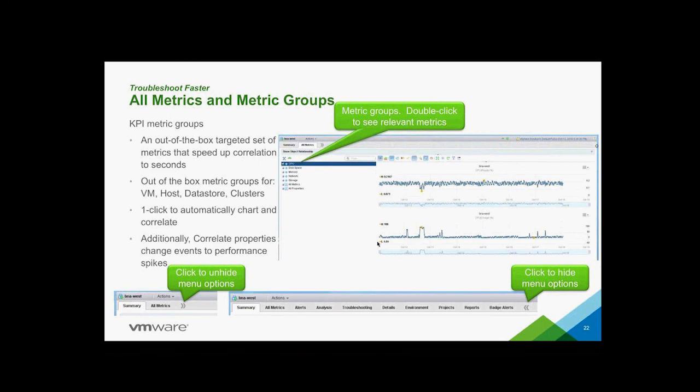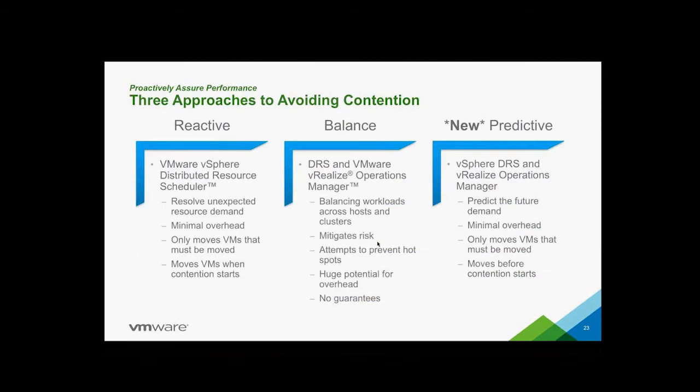There's something which has changed dramatically for DRS as well, which is called Predictive DRS. If you look at approaches to avoid contention, which is the biggest cause for performance issues, there are probably these two approaches which you see in a virtual infrastructure.